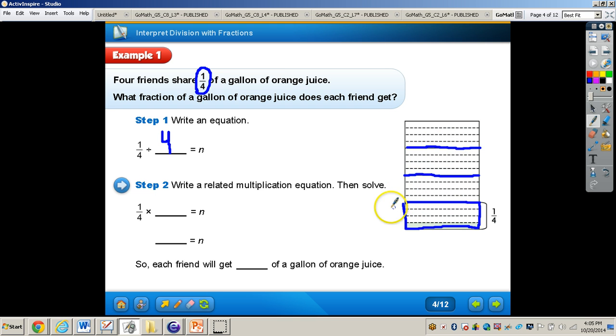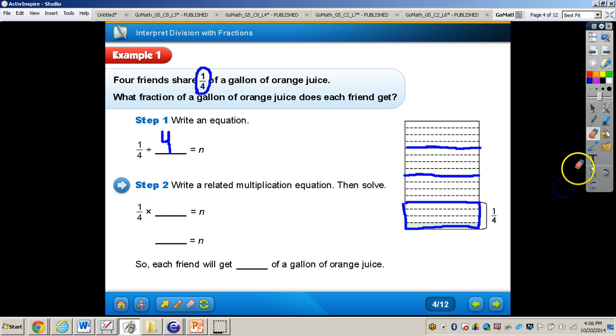Okay, now we know that the friends shared 1/4 of a gallon of orange juice. Okay, so since there were 4 friends, we need to figure out what fraction of orange juice does each friend get. So you can see that blue shaded part there, or the greenish shaded part in your Go Math book, you can see does represent 1 out of, you can see 4, 8, 12, 16. Okay, so we have the multiplication problem that's related to this.